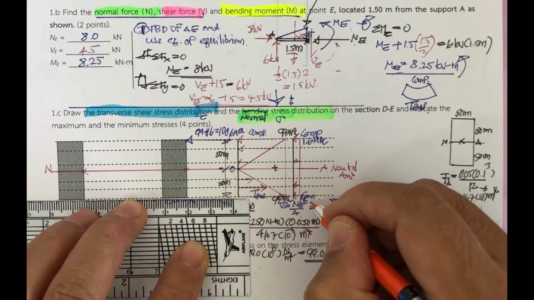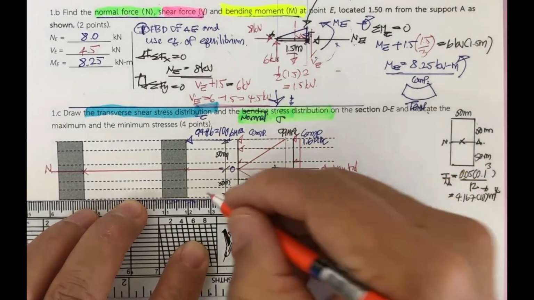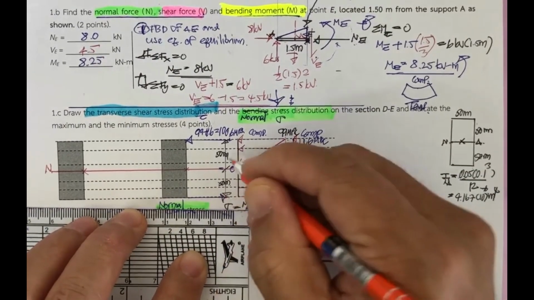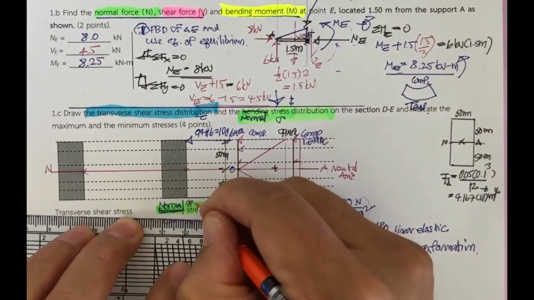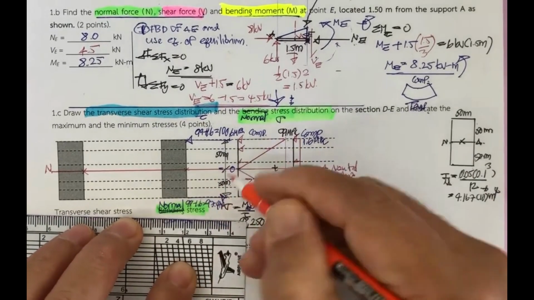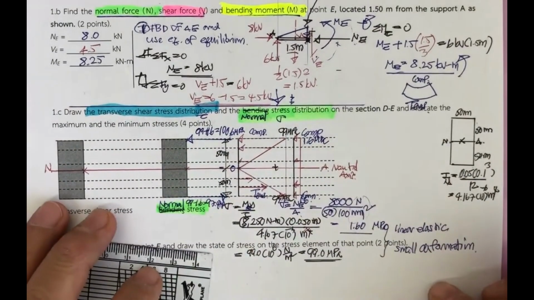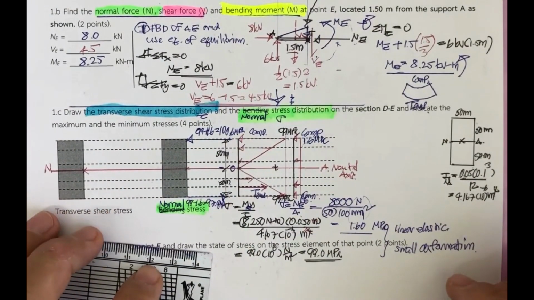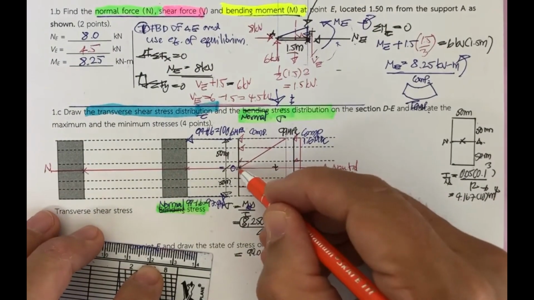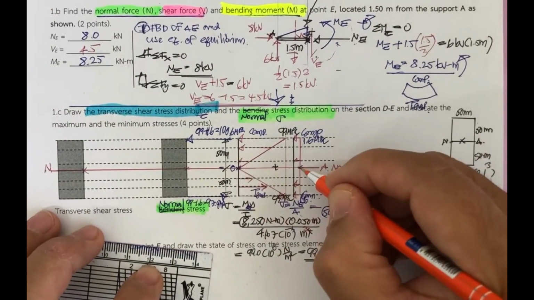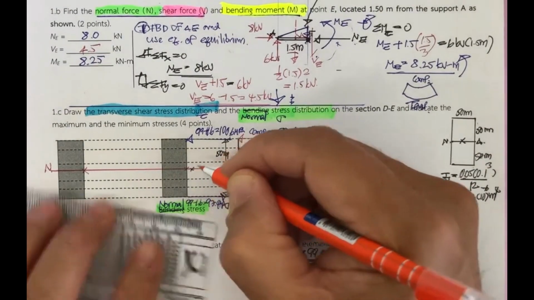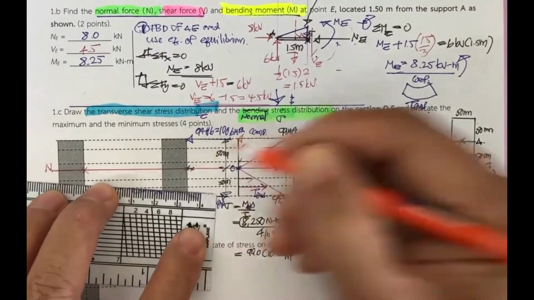That is going to be 97.4. This is going to be in tension, but smaller than that. That is 97.4 megapascal. And at the middle, now, what we have is 0 plus 1.6. So this is going to be stress in compression.